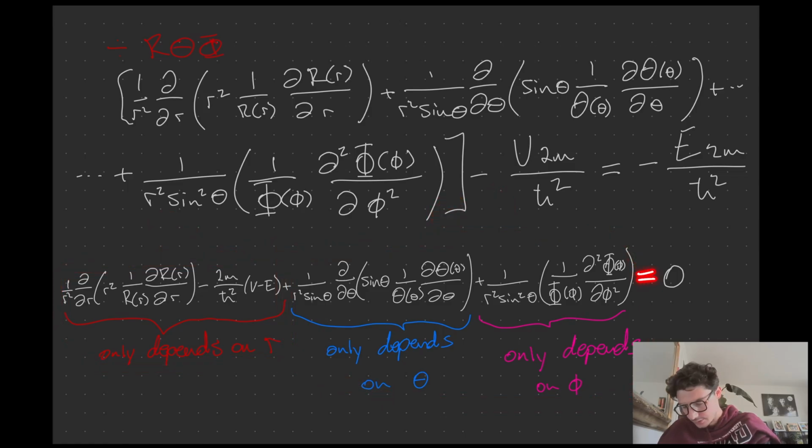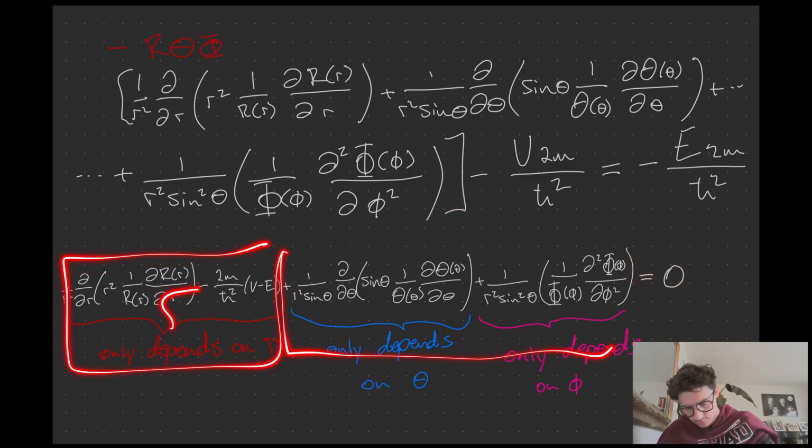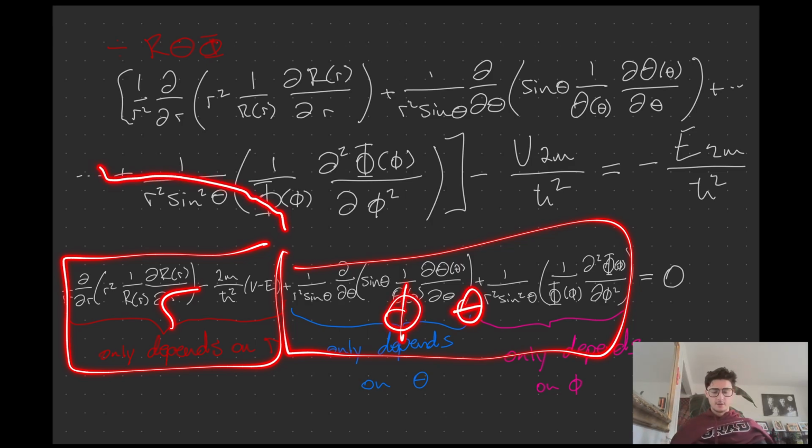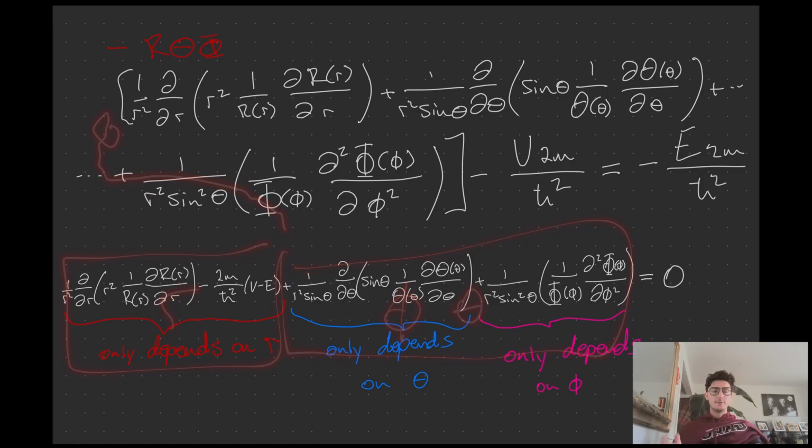And this equals 0. So check this out. This depends on r. This depends on theta, phi. What we're saying here is that a sum of differential equations that depend on different variables equals 0.